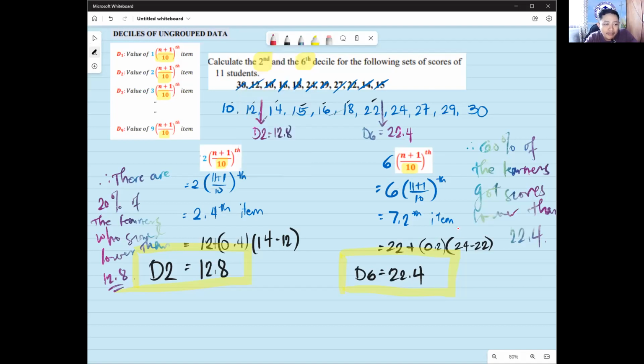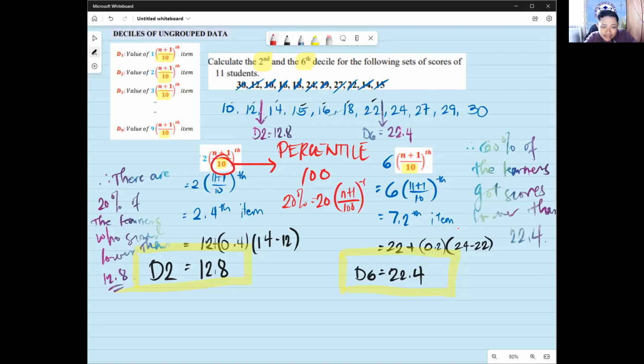If we will now be looking for the percentile, take note of this. Our denominator here will become 100. So if we are looking for the 20th percentile, this will be 20 times n plus 1 over 100.